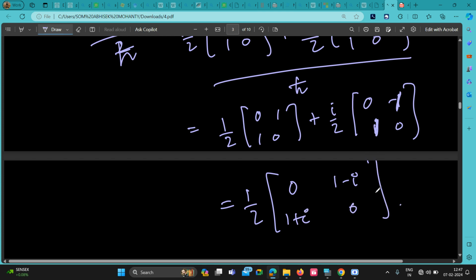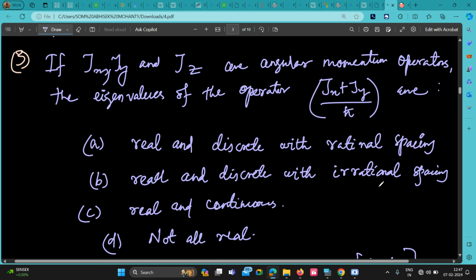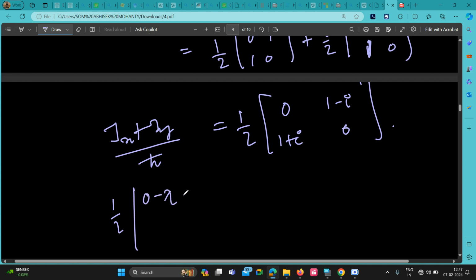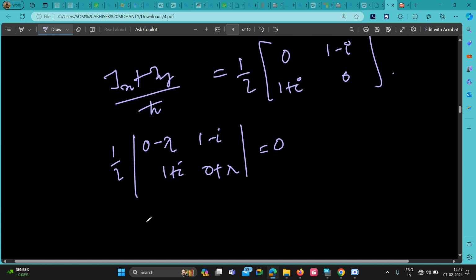What is the question? The eigenvalues of the operator. We found the operator, so we need to find the eigenvalue. How will you find it? Half of the determinant of minus lambda, 1 minus i; 1 plus i, minus lambda equals 0. So lambda square minus (1 minus i)(1 plus i) is equal to 0.